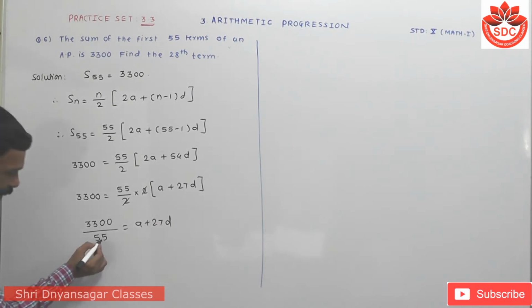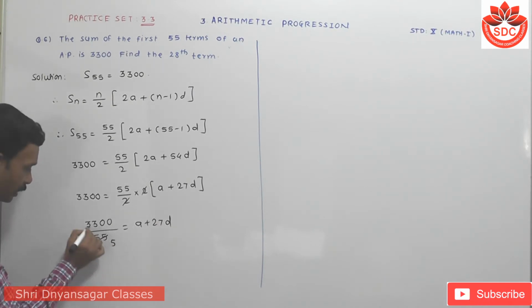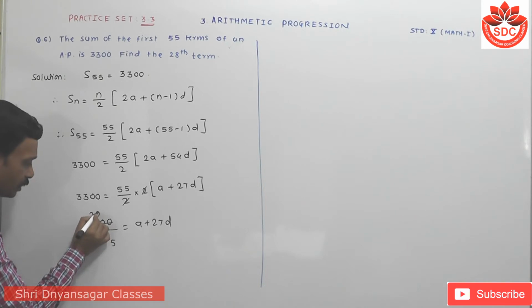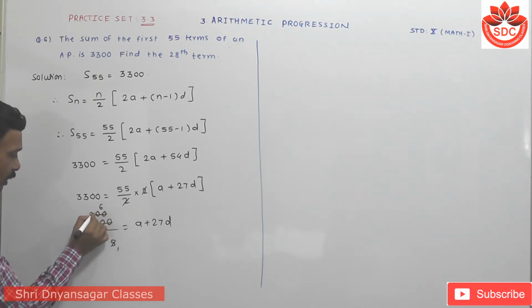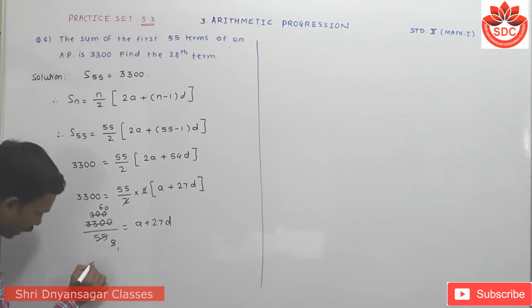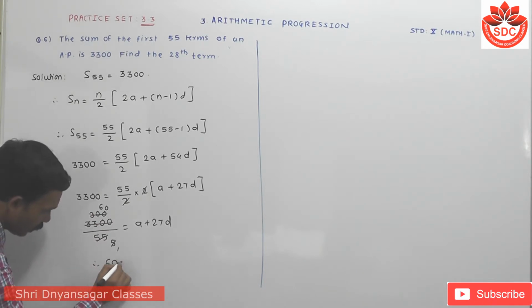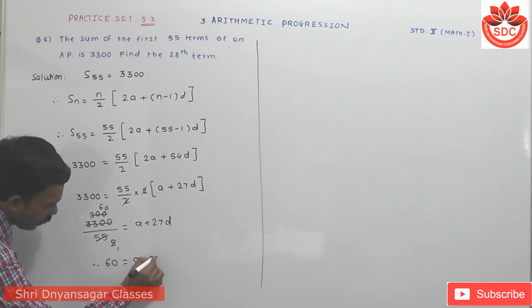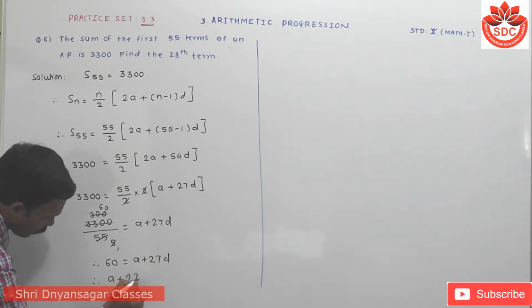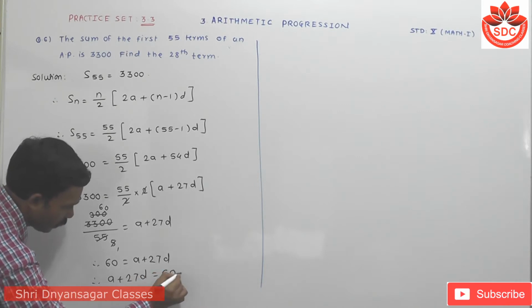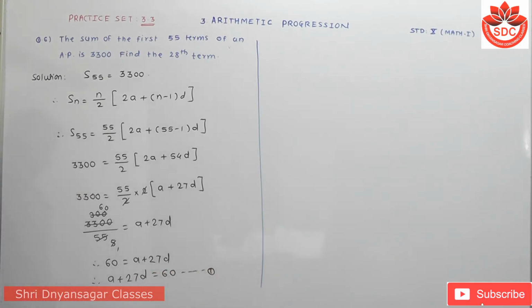Students, when we simplify this, 11 fives are 55, 11 threes are 33, then 0 0. Then 5 ones are 5, 5 sixes are 30 and 0. Therefore 60 is equal to a plus 27d. That means the equation is a plus 27d equals 60. Suppose this is our first equation.